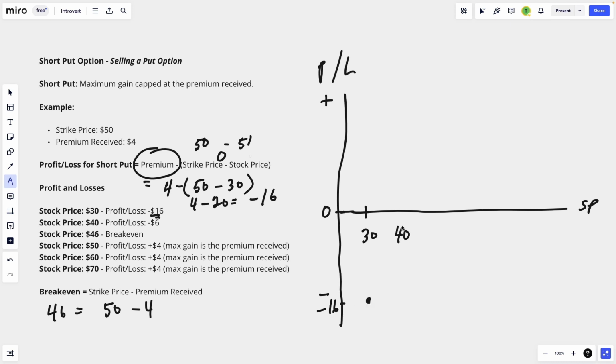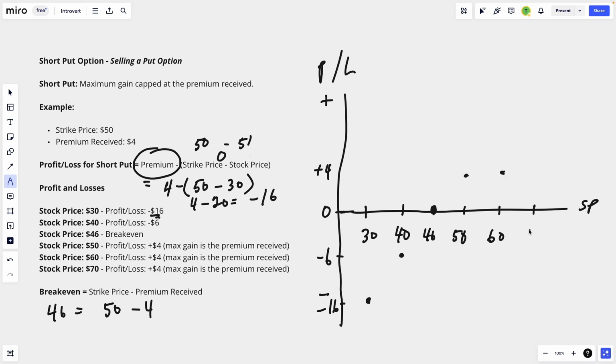And when the stock price is a little higher, at 40, we are at negative 6 right there. And when the stock price is 46, that's our break even. And when the stock price is 50, we are positive 4. And when the stock price is 60, we are positive 4 because that's the premium.